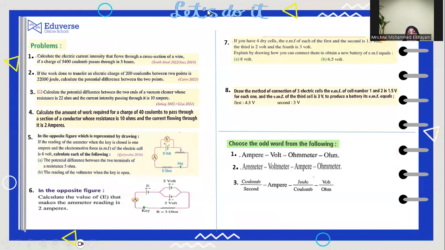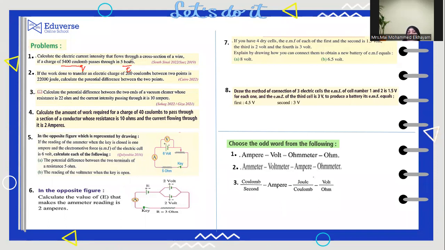Problems. Calculate the electric current intensity that flows through a cross-section of a wire if a charge of 5,400 coulomb passes through in 5 hours. Therefore, here, please pay attention. Let me use the pen. I have to get the given information first. I have the quantity of charge and the time, but I have a problem with the time.